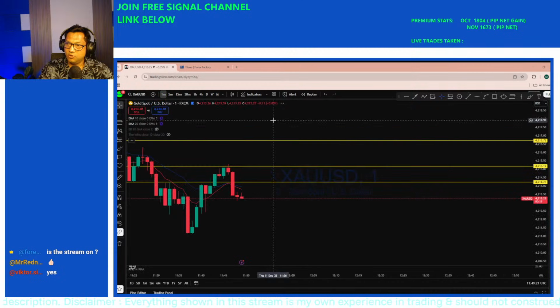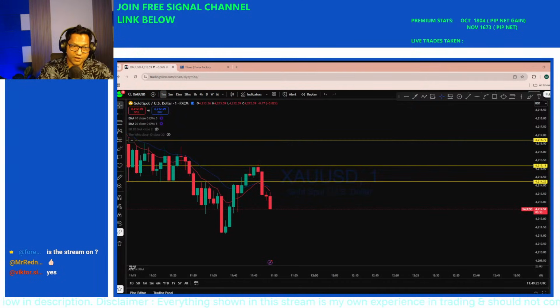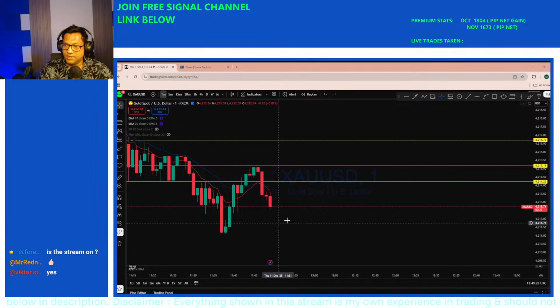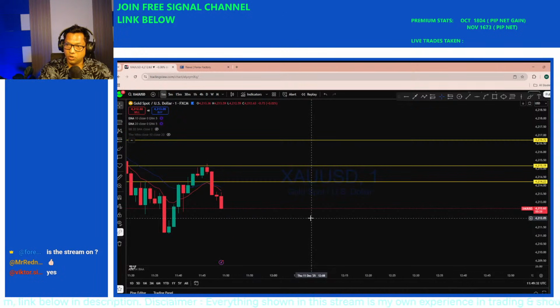And here the market is slowly breaking that low, and that can lead the market back below here to create a new lower low.